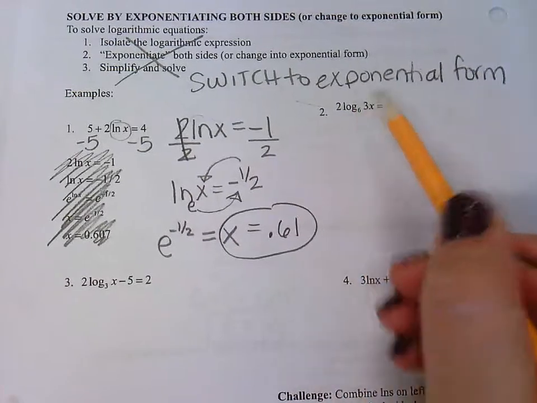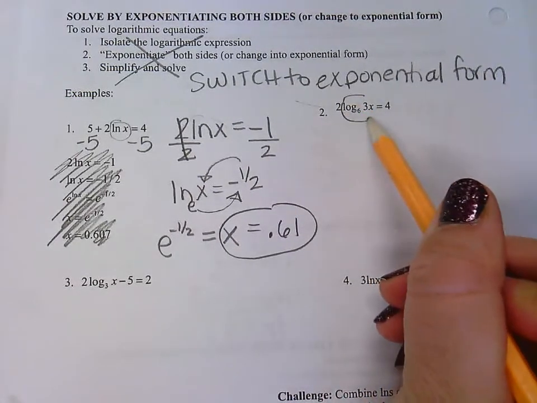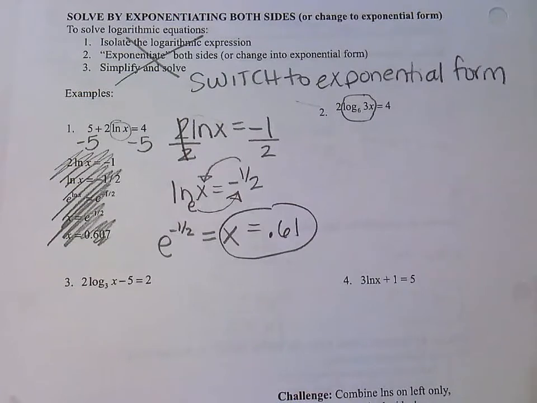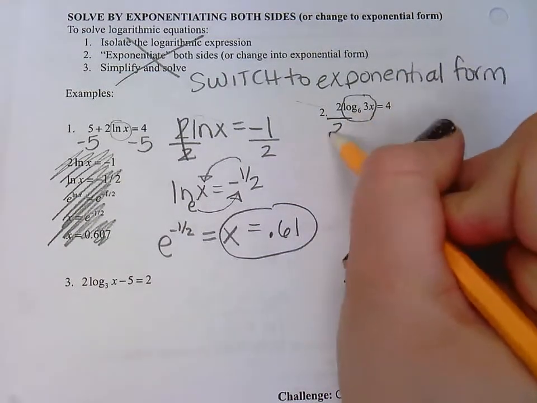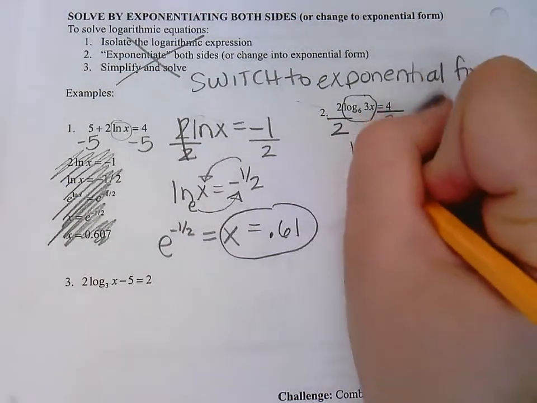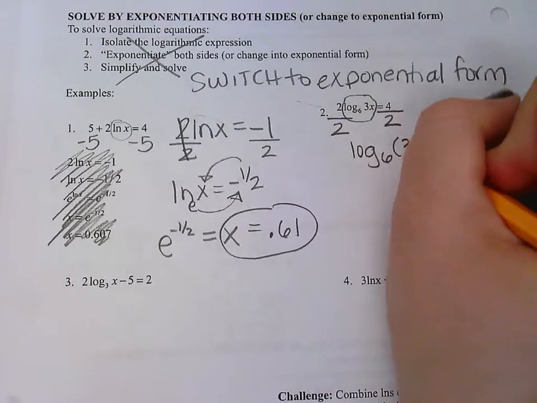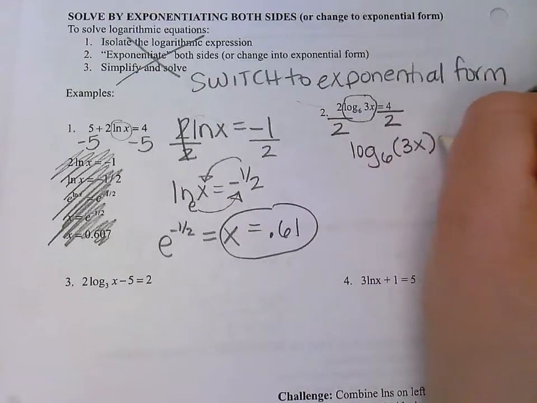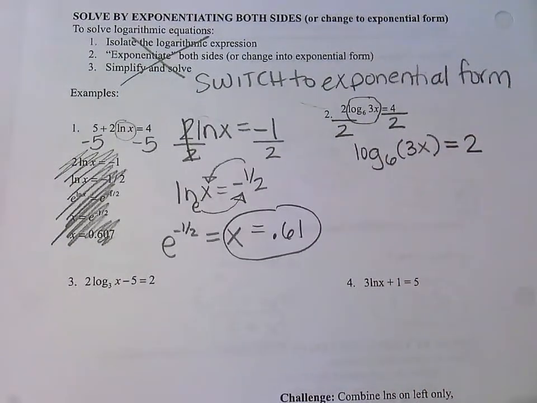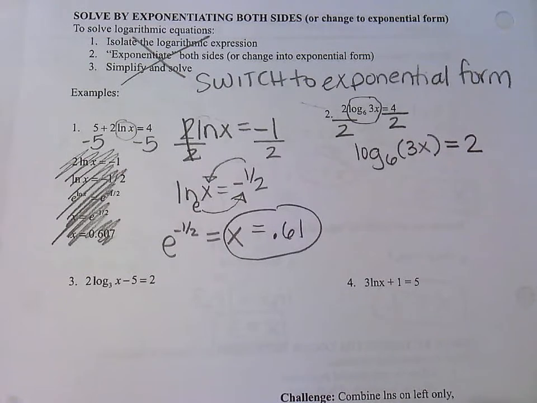What would I do to get this log expression by itself? What would be my first step? Divide by 2 again. So I've got the log base 6 of 3x, what's inside the log, equals 2. Who can write for me my exponential expression?